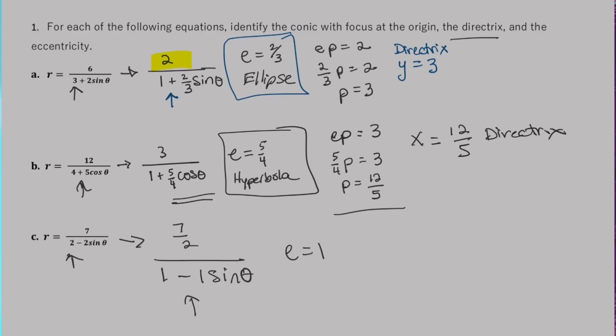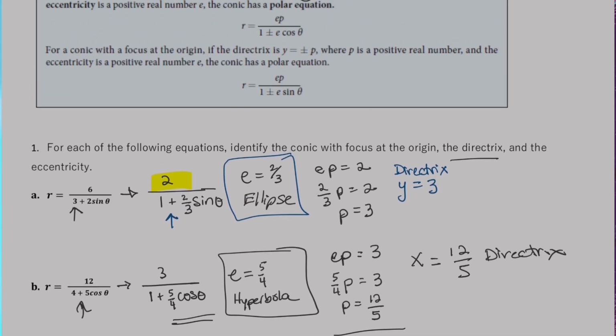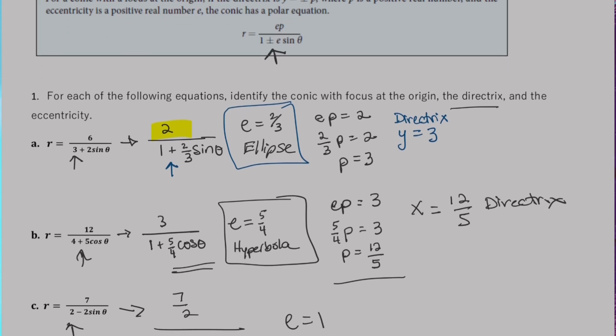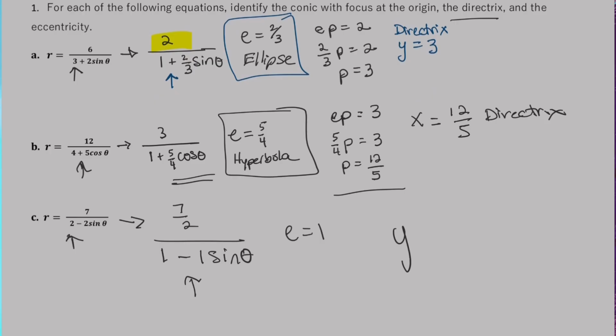It's a minus sign. So we're looking at the bottom operation. So the bottom symbol here and our directrix here will be y equals, what was the p-value? Well, if ep is equal to 7/2, and we know e is 1, p is 7/2.